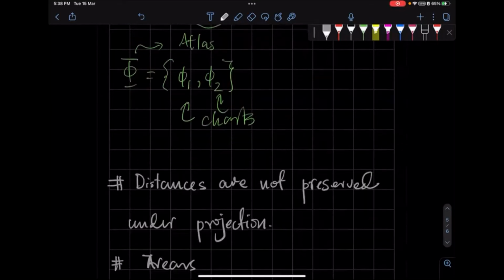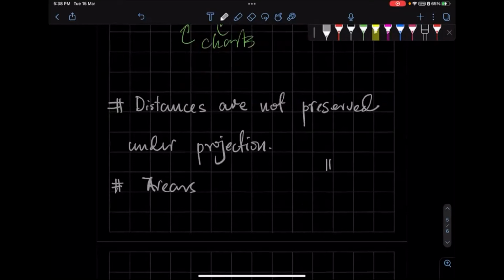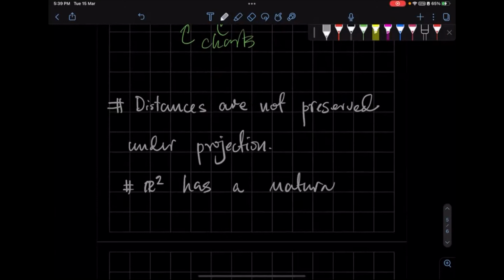So R2 has a natural metric, the Euclidean metric.